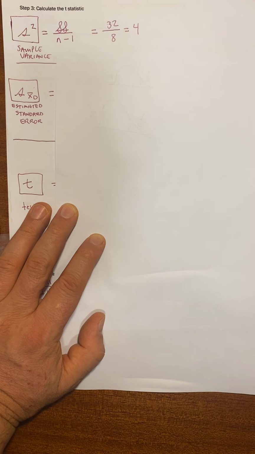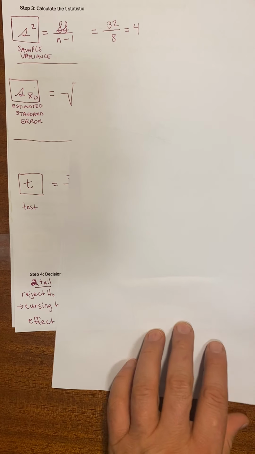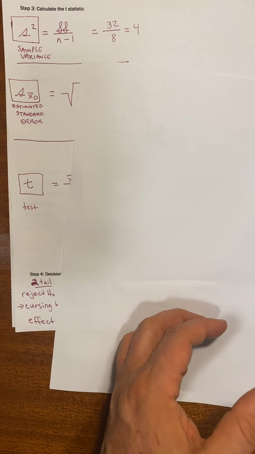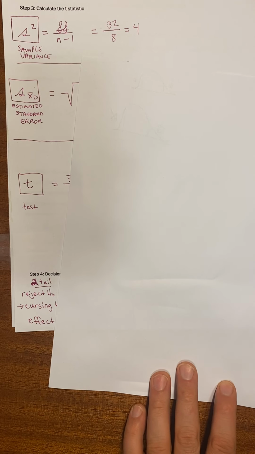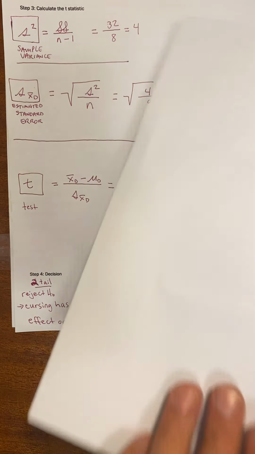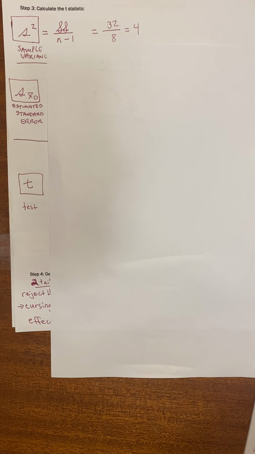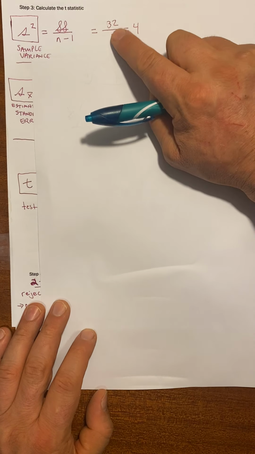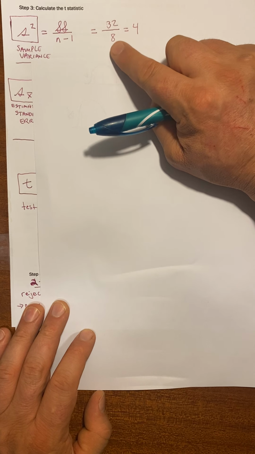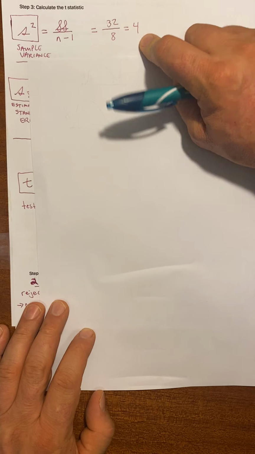We were given all that information earlier, where we had a sum of squares value of 32 and a degrees of freedom value of 8. So that gives you a sample variance of 4.